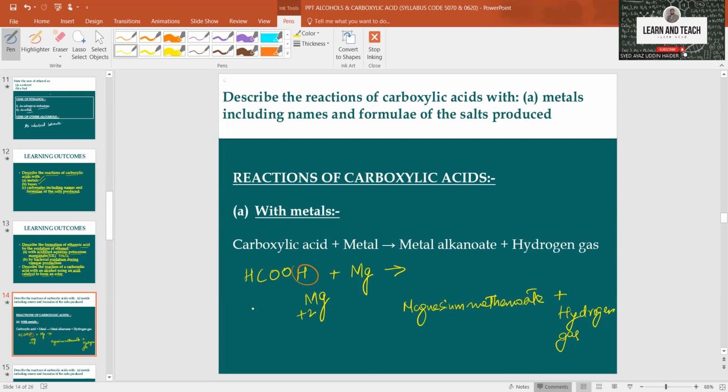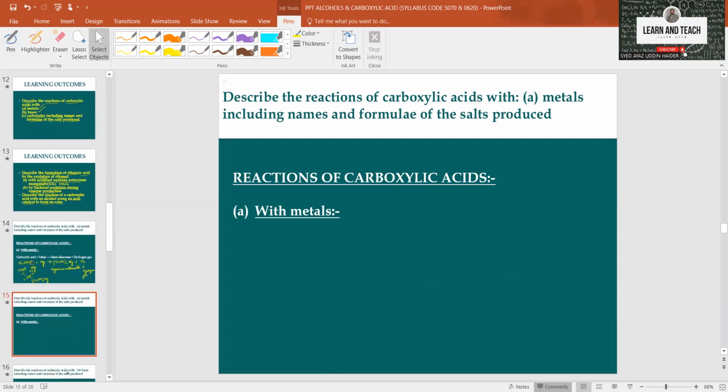So you will be left with HCOO, and the charge on HCOO is -1. Ignore the charges, you will get 1, 2. These subscripts will be exchanged and you'll be left with (HCOO)2Mg. So the final formula for the salt will be (HCOO)2Mg. You know the formula for hydrogen gas, not difficult, plus H2. This will be the other product.